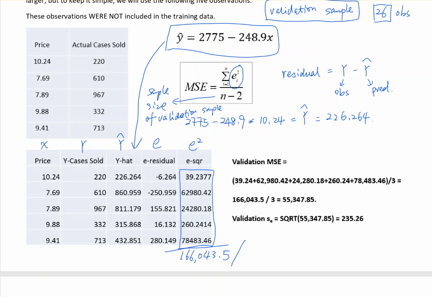Then it will be 5 minus 2, which is 3. So you have that divided by 3, and this is your validation MSE.